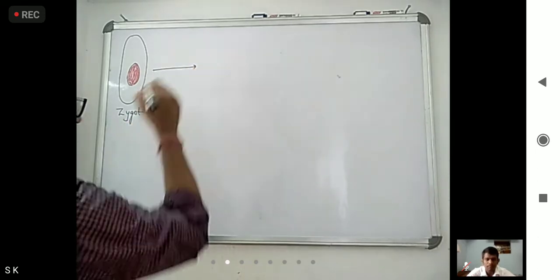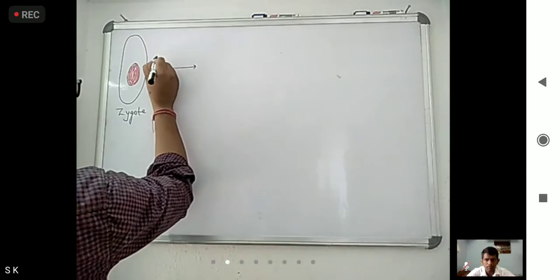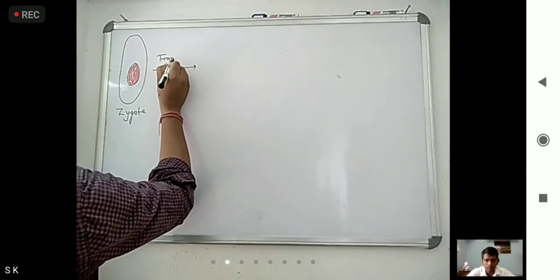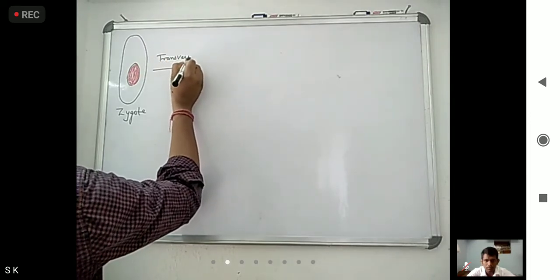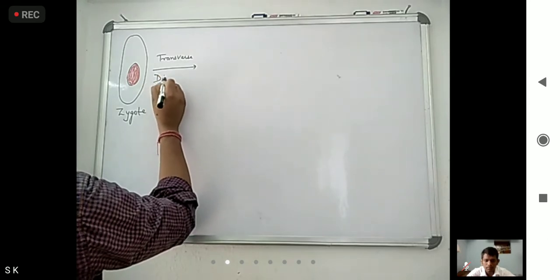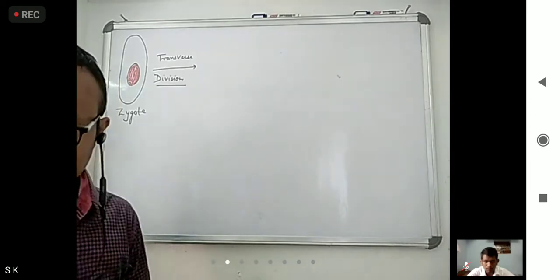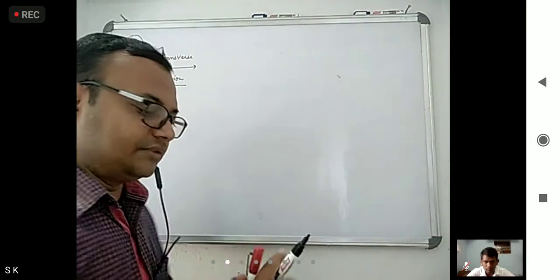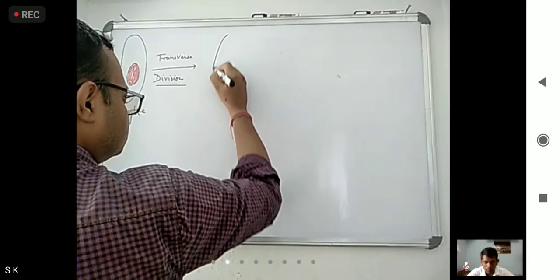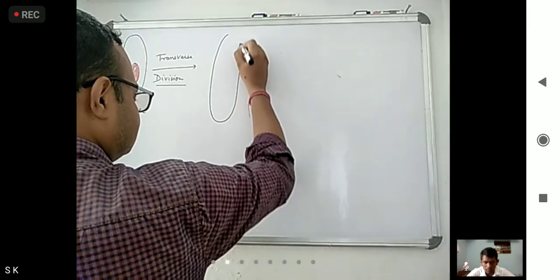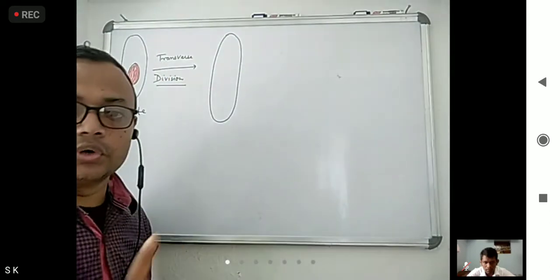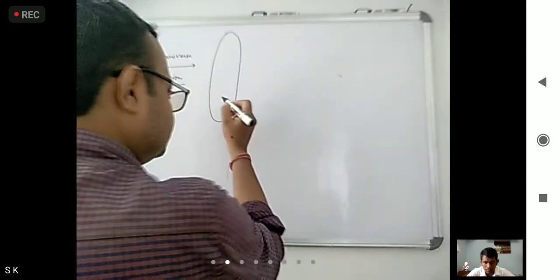Then what I told? Transverse division. Transverse division happens here, and this develops into two parts. Okay, this develops into what? Two parts.